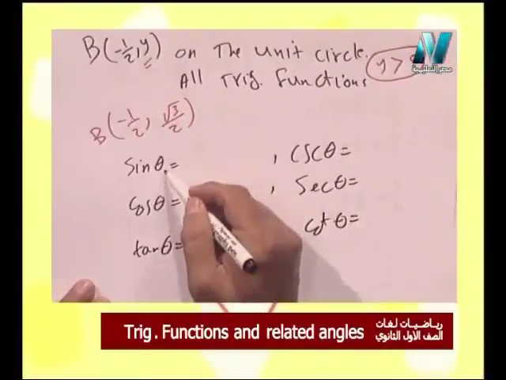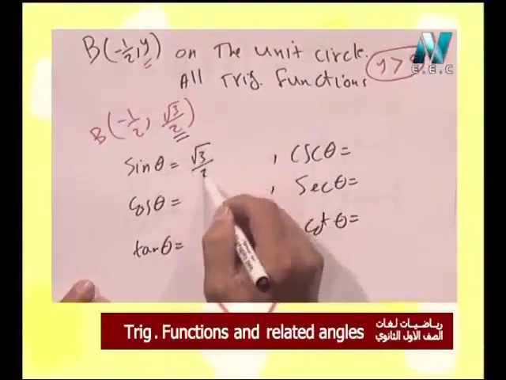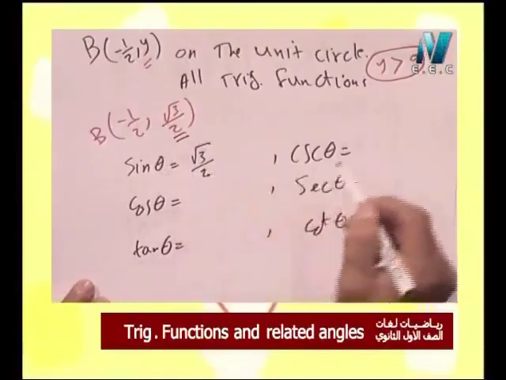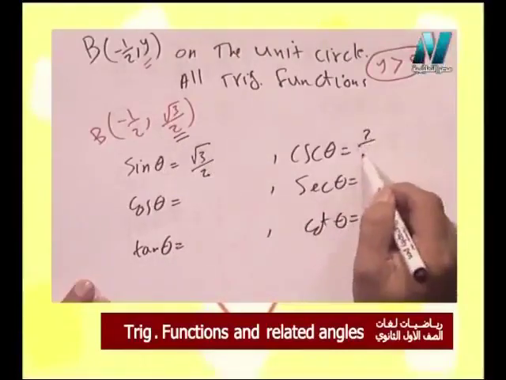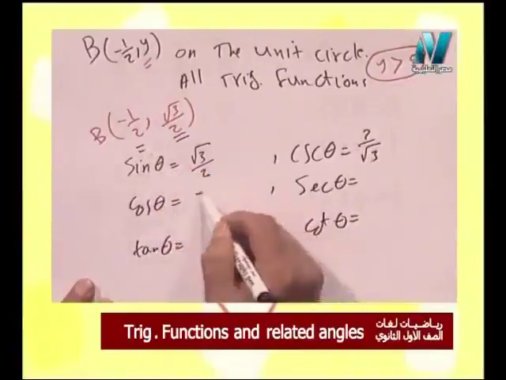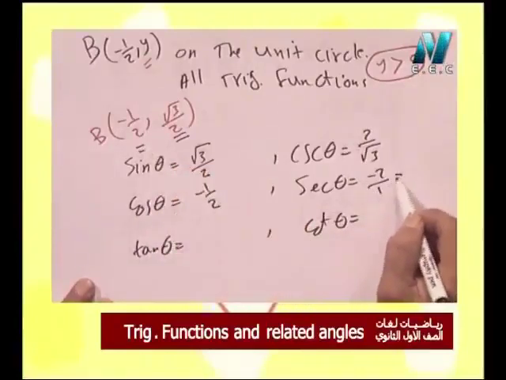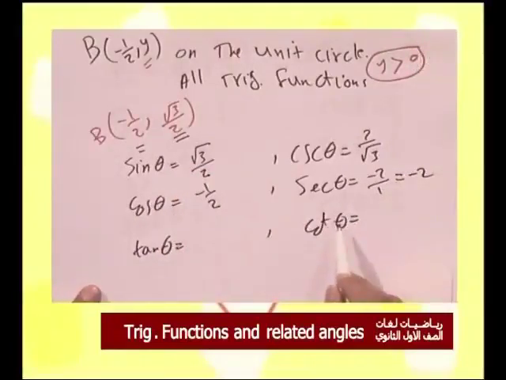We agree that sine is the y, so it's root 3 over 2, and its reciprocal will be 2 over root 3, of course. Cosine theta equals negative half, and its reciprocal equals negative 2 over 1, or negative 2.